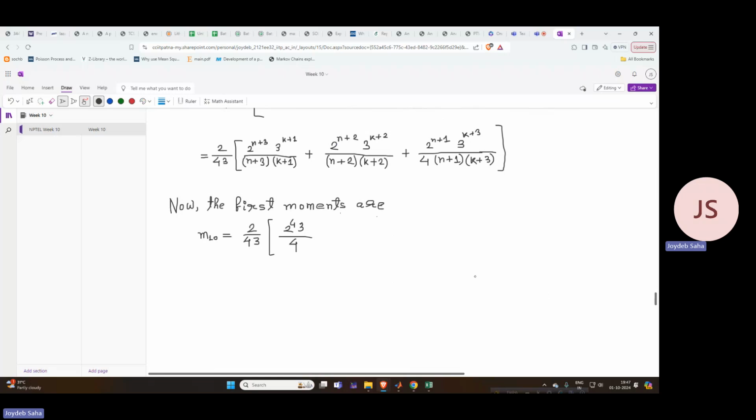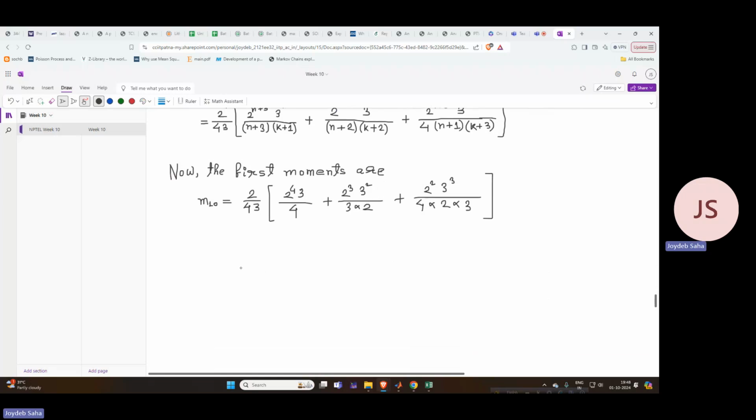Okay, plus n is equal to 1, so it will be 2 to the power 3 and 3 to the power 2 divided by 3 cross 2, plus 2 square 3 cube divided by 4 cross 2 cross 3.